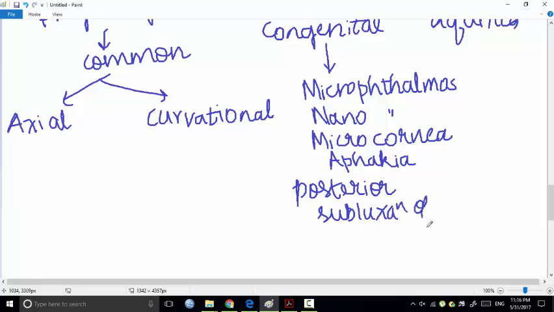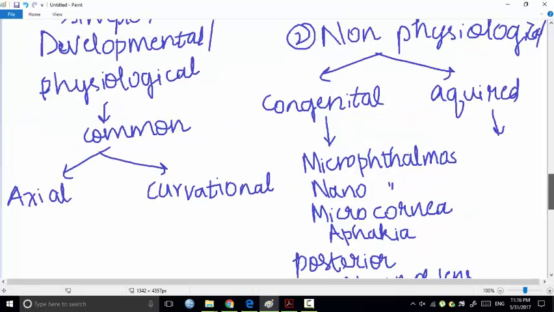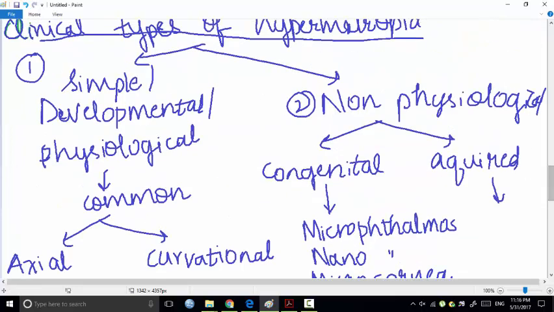All these are the different congenital conditions of non-physiological hypermetropia.